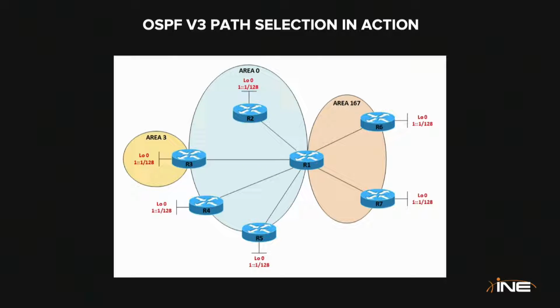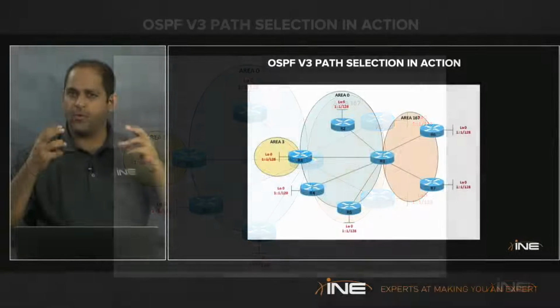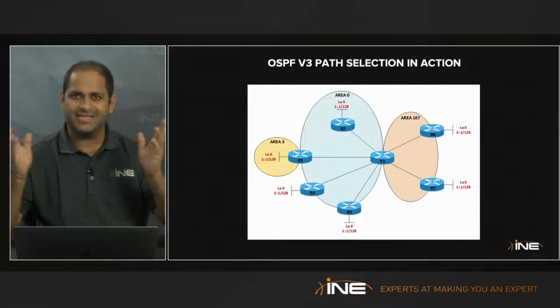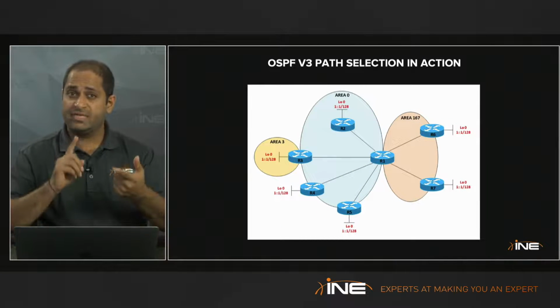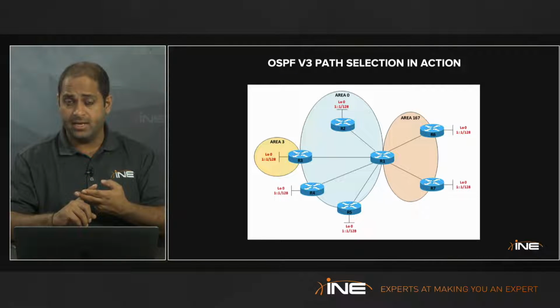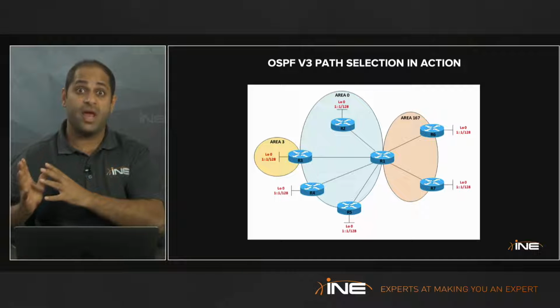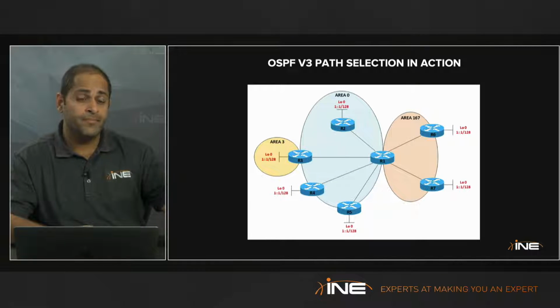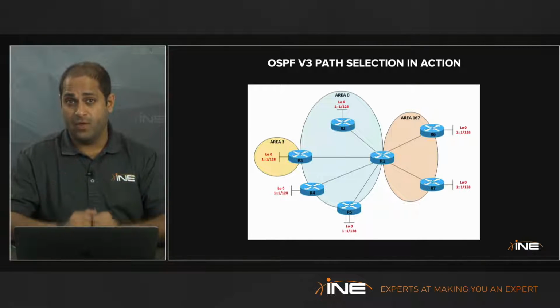So let's look at how IOS XR does path selection. Since the prefix length of the route learned from all the neighbors is the same, /128, and the administrative distance is also the same, 110, before looking at the metric it would look at the OSPF type of route.